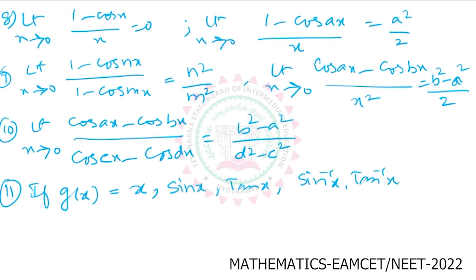You know that the standard limits are only for sin theta and tan theta, not for cos. Similarly, sin inverse x and tan inverse x. Therefore, if g x is equal to x or sin x or tan x or sin inverse x or tan inverse x, or sin hx, hyperbolic x, or tan hx, etc.